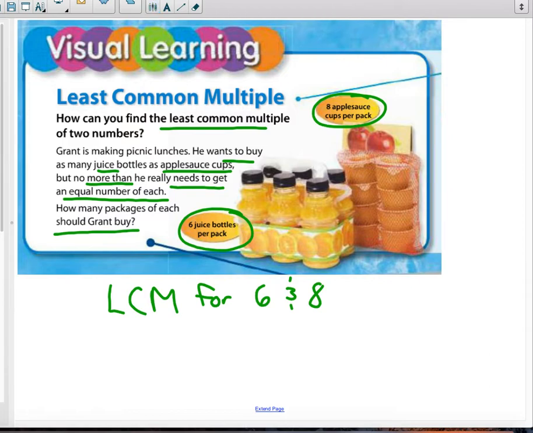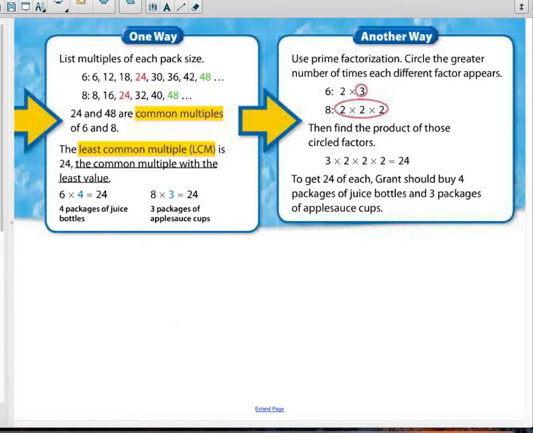We can use either the list method or prime factorization, and the book shows us that. One way is to list the multiples of each pack size.